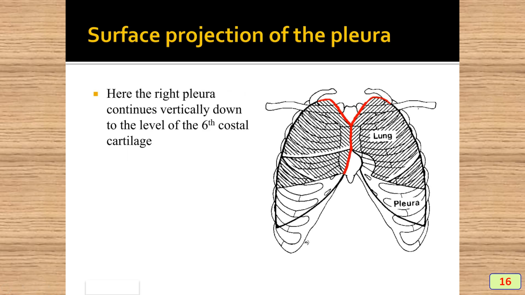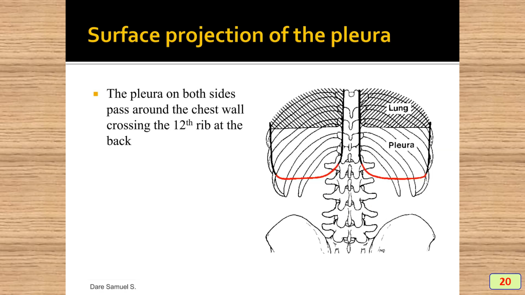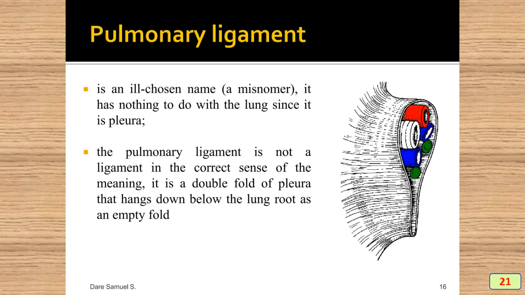The pleura continues till the sixth costal cartilage, and the pleura on both sides passes around the chest wall. And this is about the human. Certain pulmonary ligaments are there, an ill chosen name, as it has nothing to do with the lung since it is a pleura.